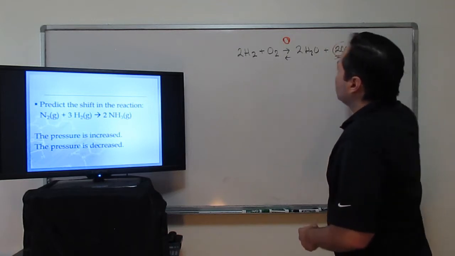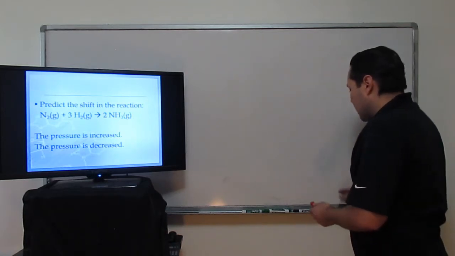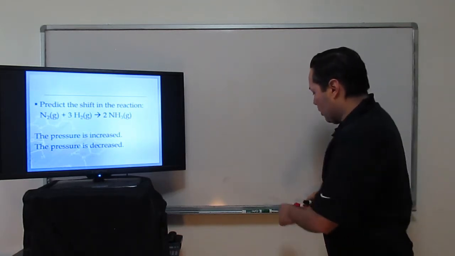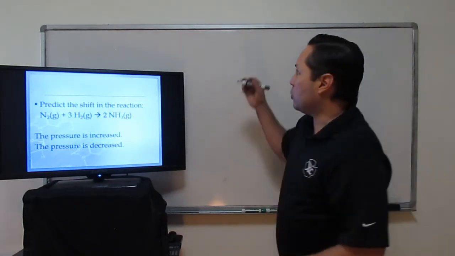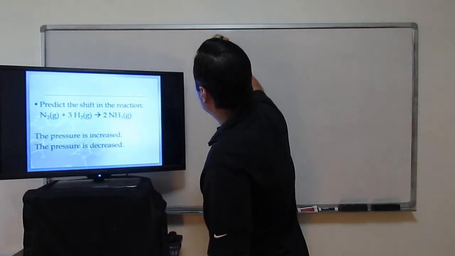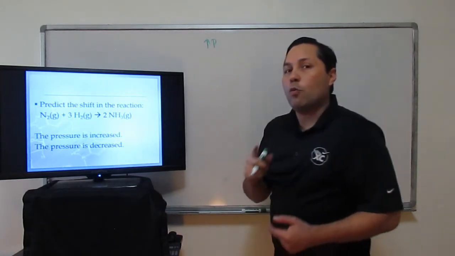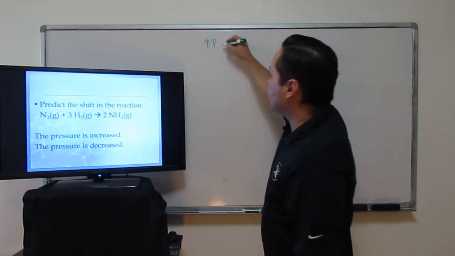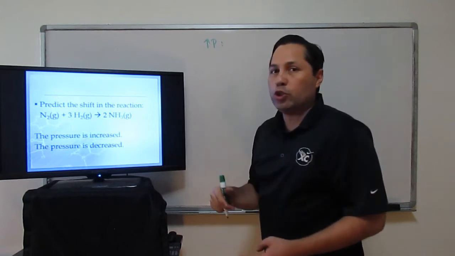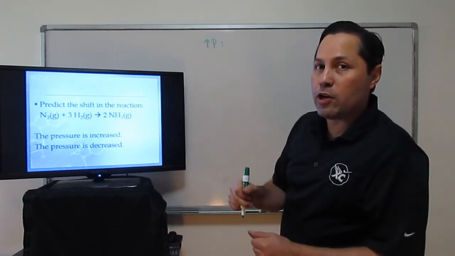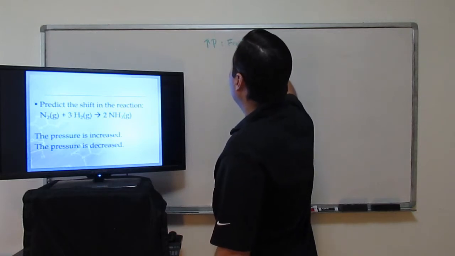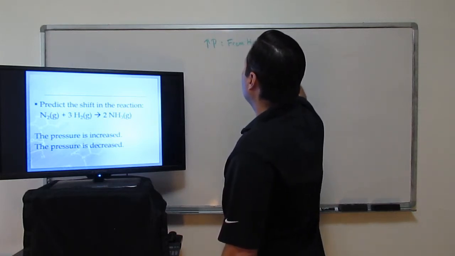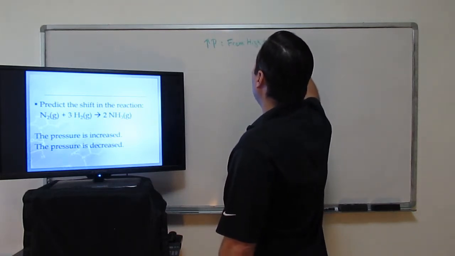All right, so for the first one, the rules that you need to know are the following. When you increase the pressure, I'll put an arrow pointing up, what will happen is that the reaction will shift from the high number to the low number. We're going to go from high to low.